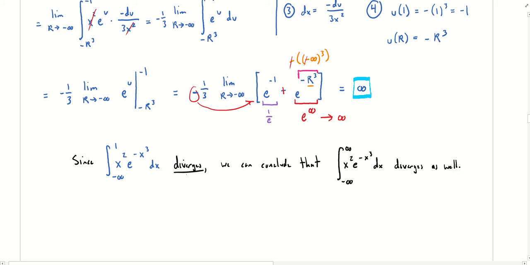So since one of those pieces diverges, the original integral diverges as well.